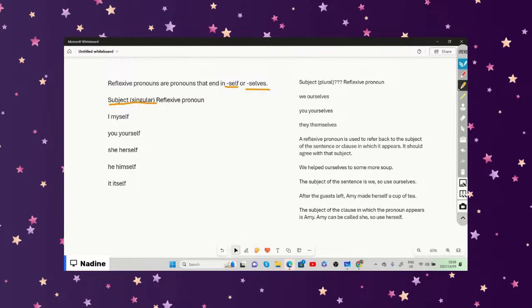So that is reflexive pronouns. They are pronouns that either end in self or end in selves, and we have singular subjects and plural subjects when it comes to reflexive pronouns.